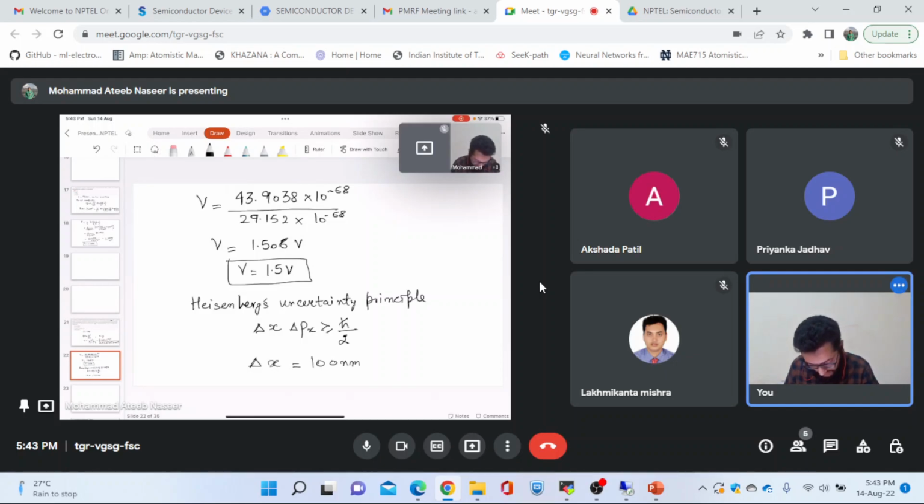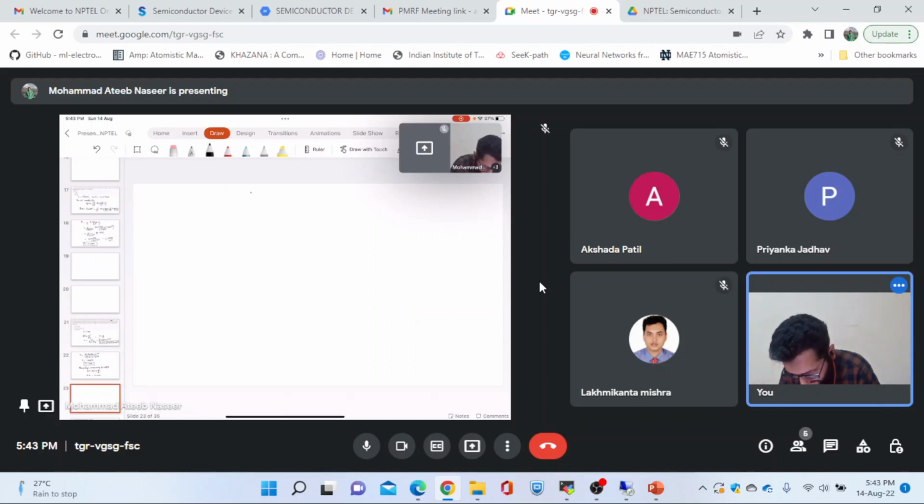So delta px is greater than or equal to h bar by 2 times delta x, where h bar is h by 2 pi. That is 6.626 into 10 raised power minus 34 divided by 2 into 100 nanometer, and this 100 nanometer will be 100 into 10 raised power minus 9. Since this was h bar, I have written h, I will be dividing by 2 pi.